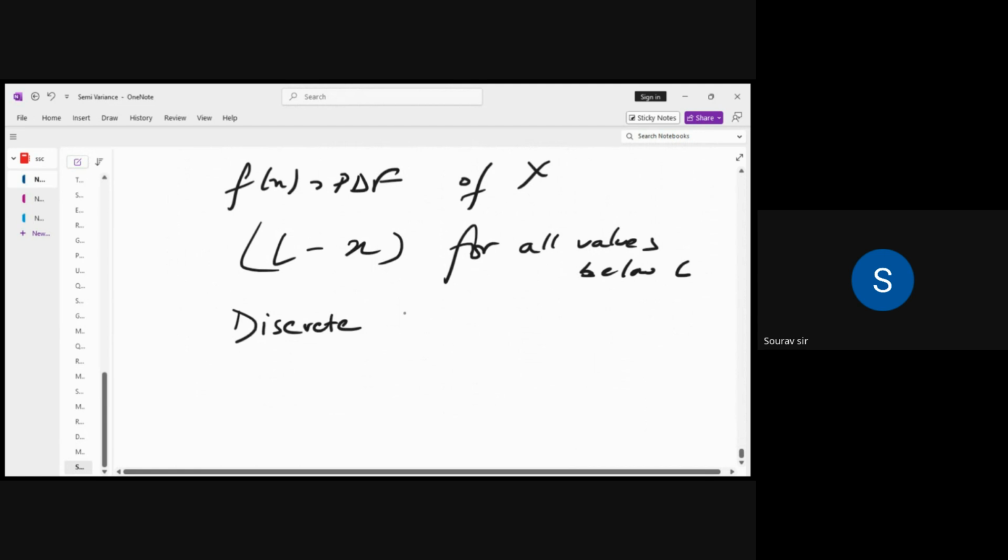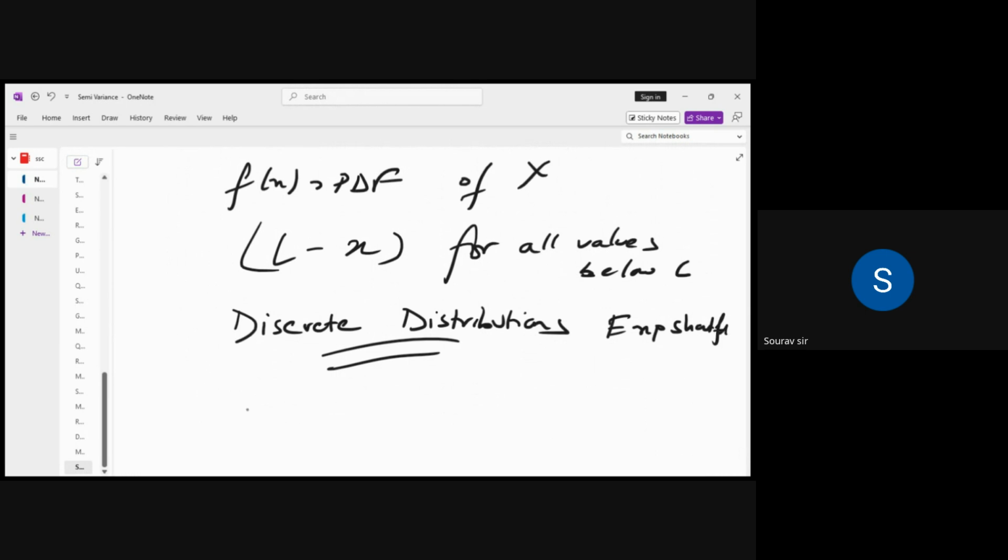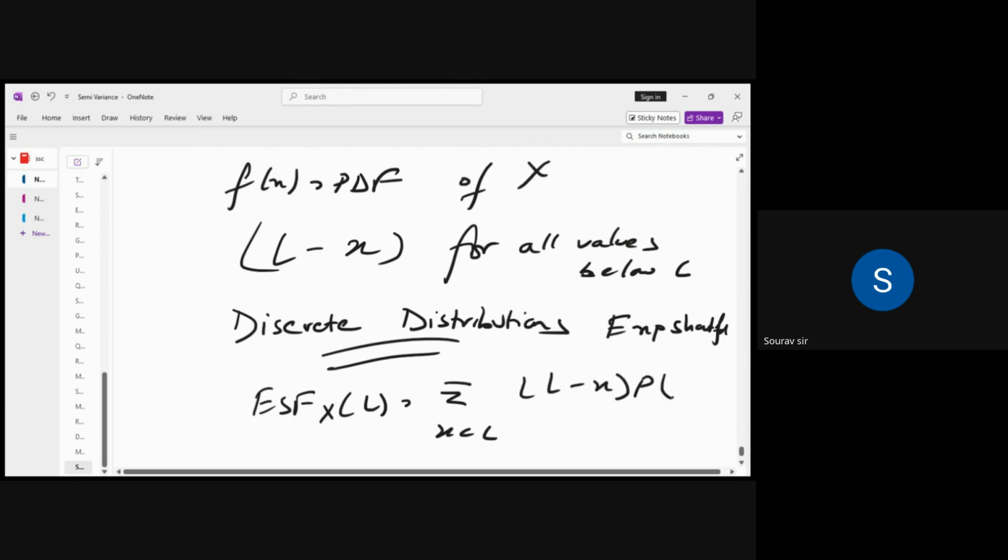For a discrete distribution, the formula for expected shortfall is the summation over X less than L of (L minus X) P(X equals x).